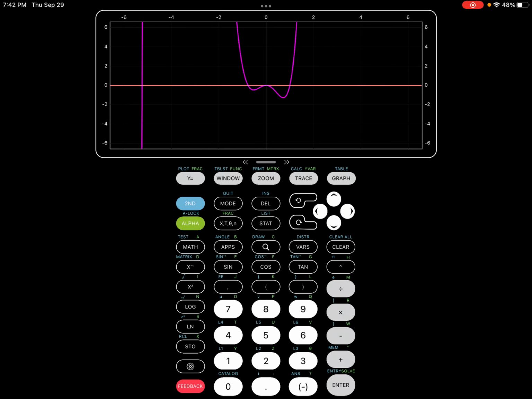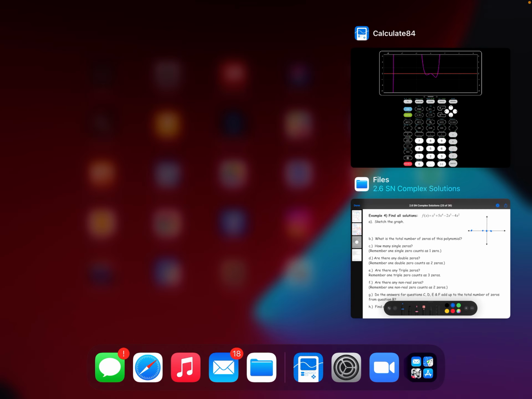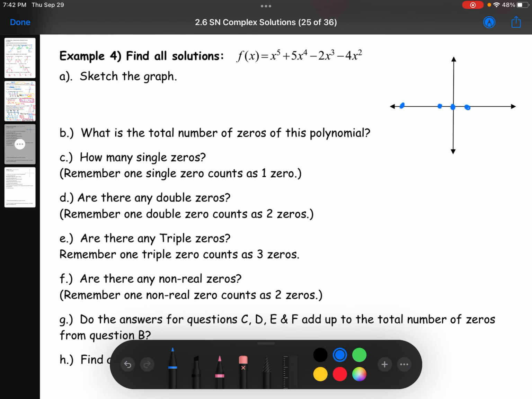We have a tangent to the x-axis. That tangent bounce tells us we have a double root. So, looking at this, our graph bounced at 0 and basically did this.